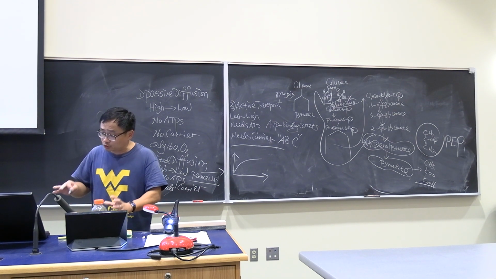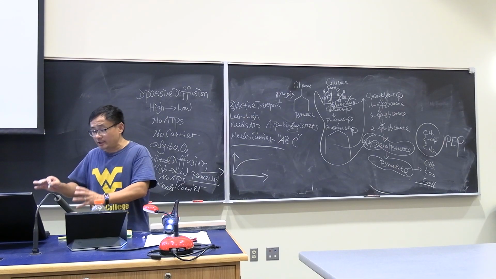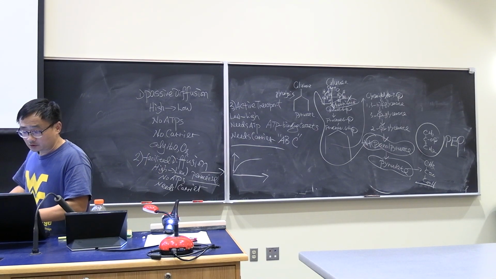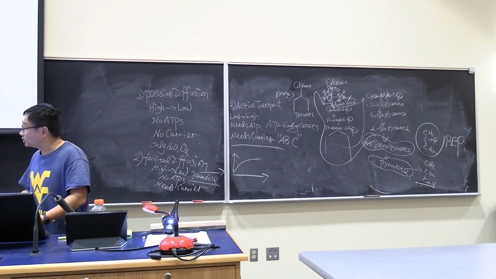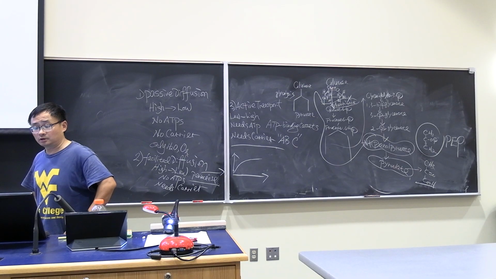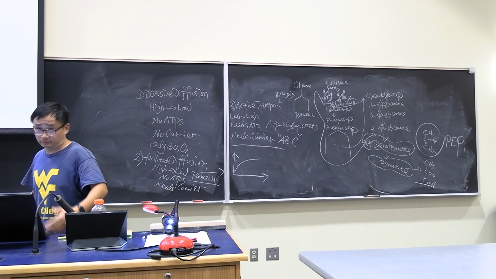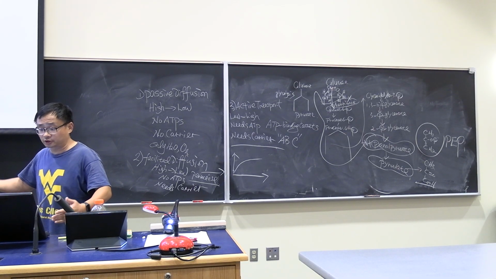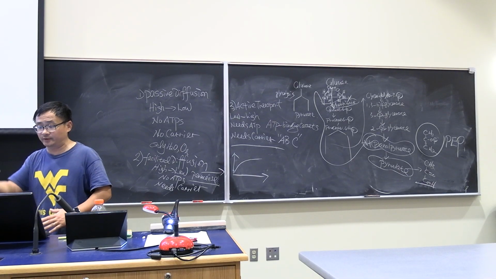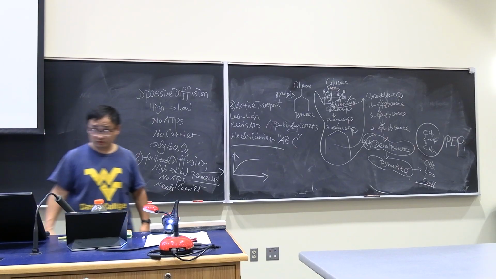And then it goes to complex 1, complex 2, complex 2A and 2B. And then they help the sugar go in. Which sugars go in? Glucose and mannitol. Glucose directly becomes glucose 6-phosphate, and mannitol directly becomes mannitol 1-phosphate.